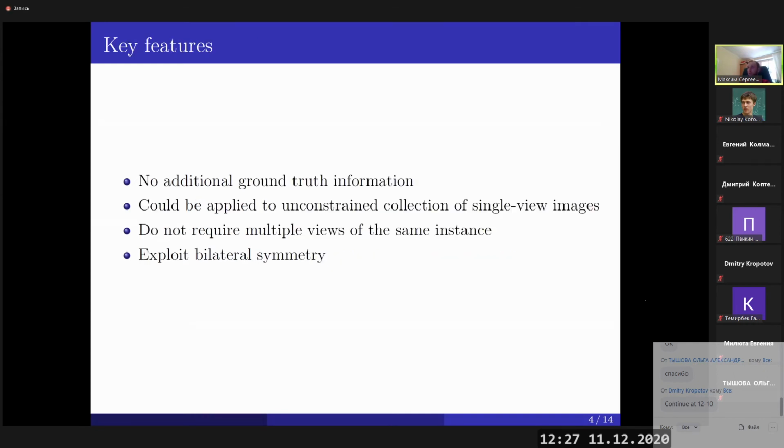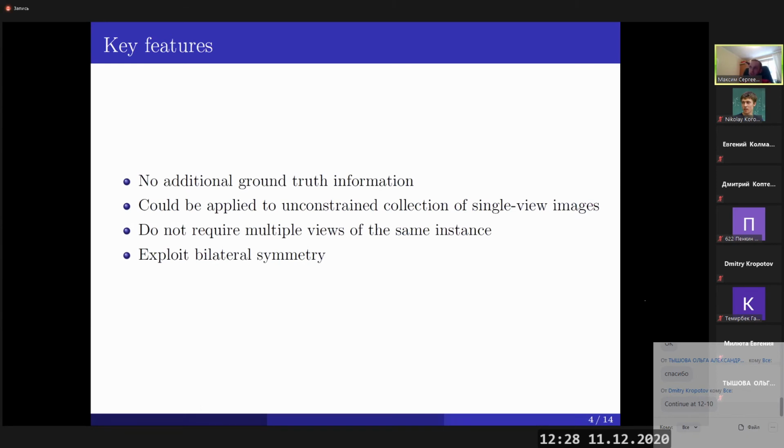So there are key features of this paper. First of all, this novel method takes no additional ground truth information. So we do not need to mark our data in any way, for example, we don't need to have depth information.